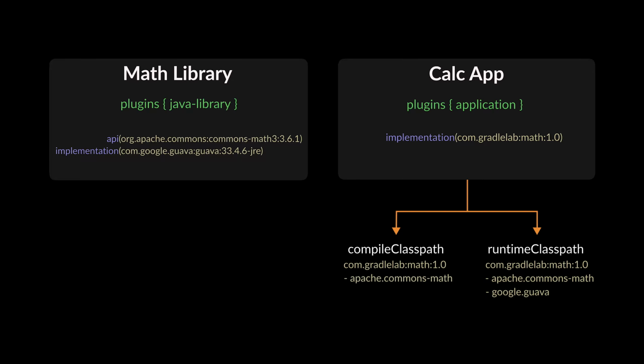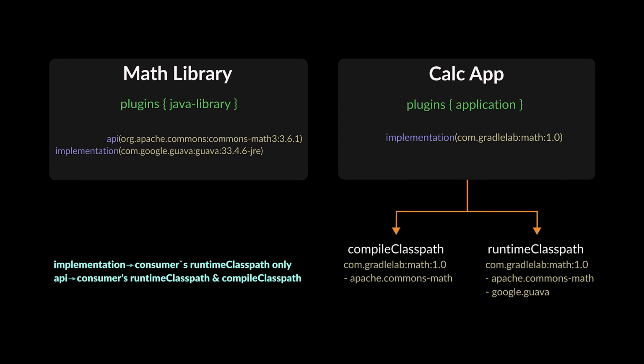When authoring a producer such as a Java library, you will have to look at whether a dependency will be needed in the consumer's compile classpath or not. Use the implementation configuration if you want the dependency to be added to the consumer's runtime classpath only. Use the api configuration if you want the dependency to be added to the consumer's runtime classpath and compile classpath.